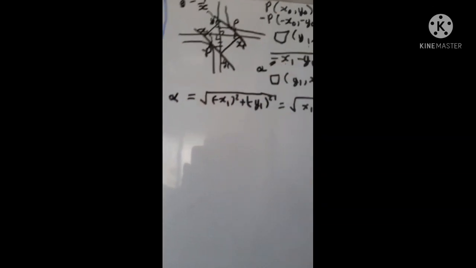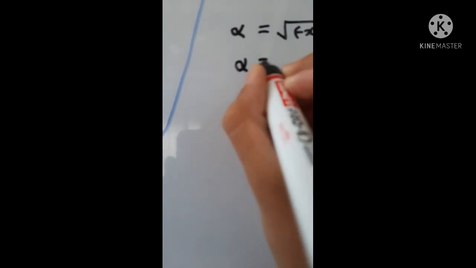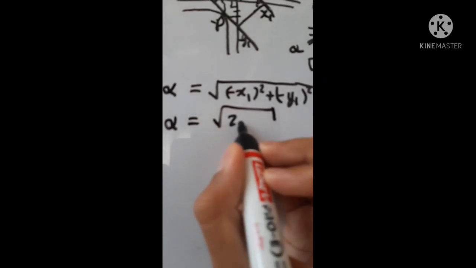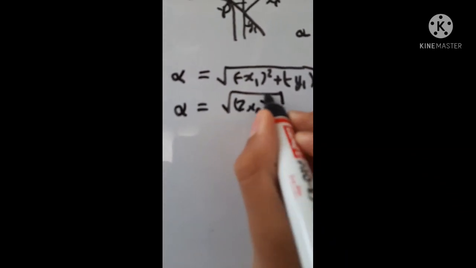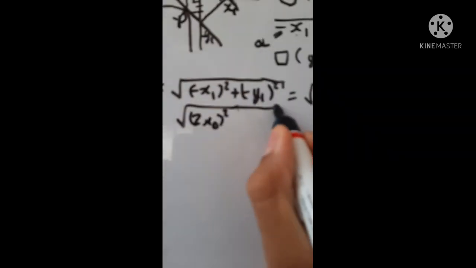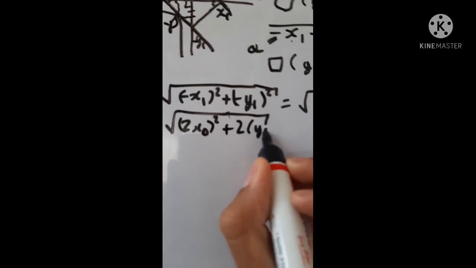And of course we can say that for both of them, minus y1 and y1, because we proved that they're equivalent to each other. So alpha is equal to the square root of 2x0 squared, and we'll try to write this area out in terms of x0 and y0, because why not?